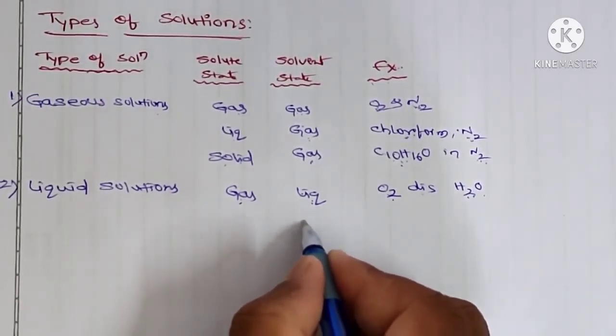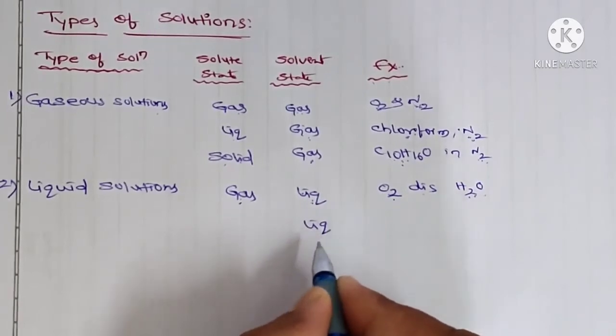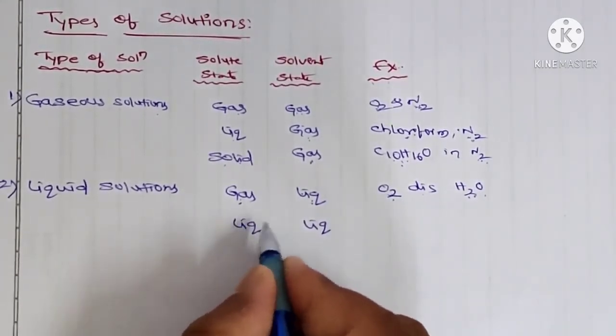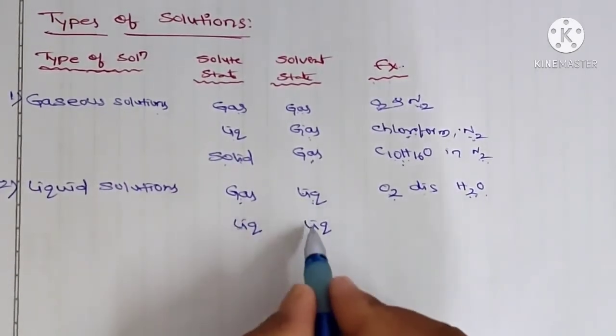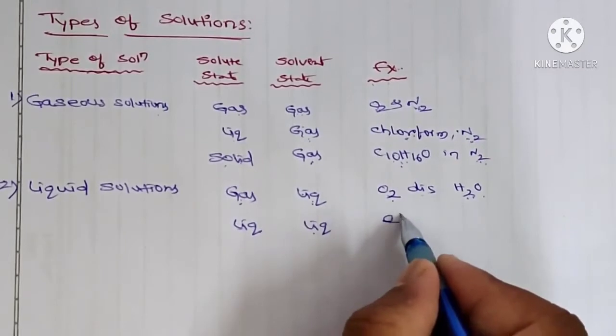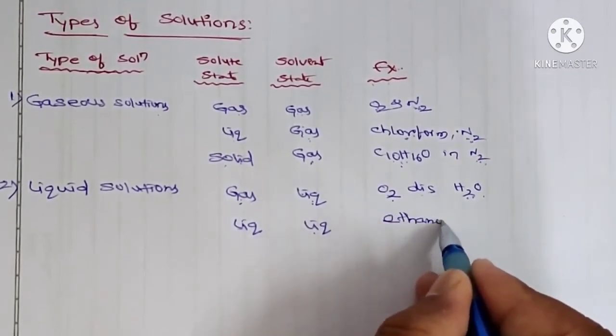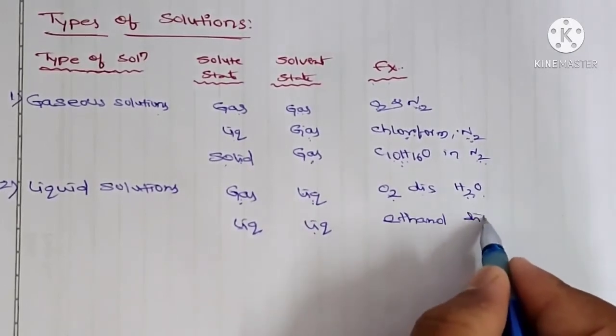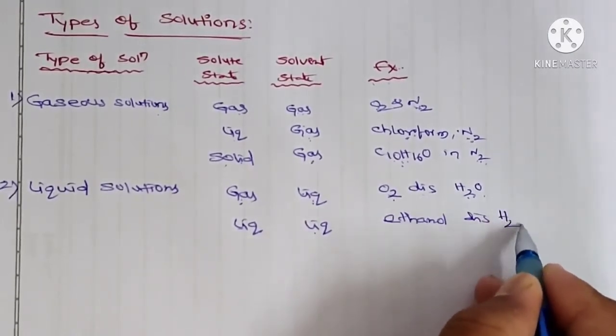And the next one, the solvent is in liquid state and solute is in liquid state. Both are in liquid state. Liquid in liquid. So here ethanol. Ethanol is in liquid state. So that ethanol dissolved in water.